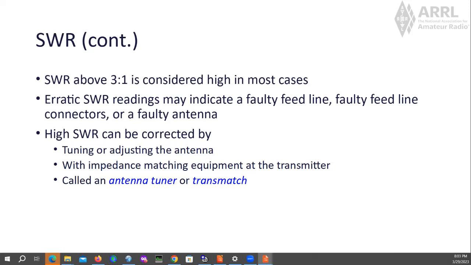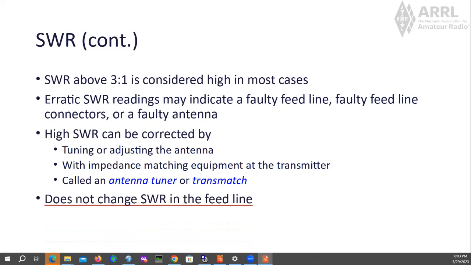But again, the antenna tuner or transmatch at the transmitter does not affect the antenna or the feed line. It only makes the transmitter happy. Does not change the SWR in the feed line.